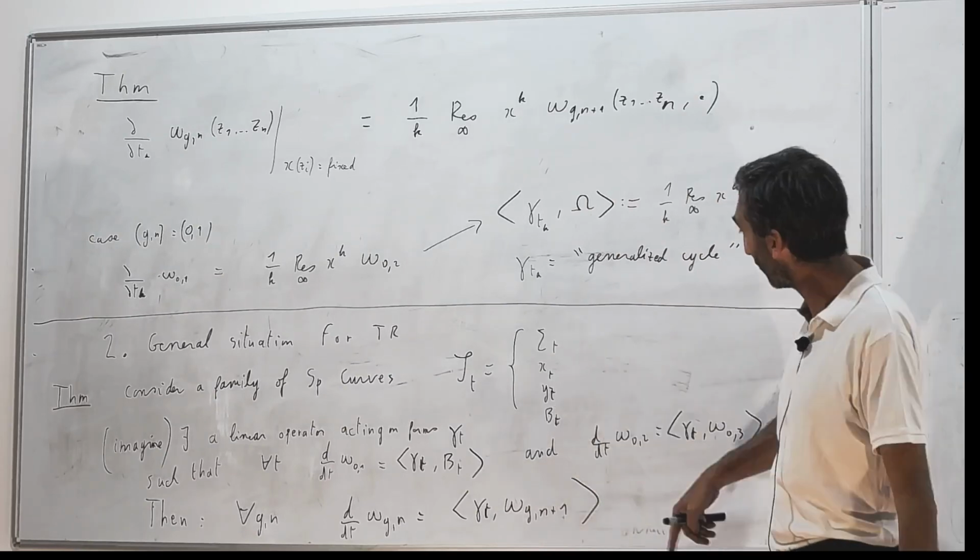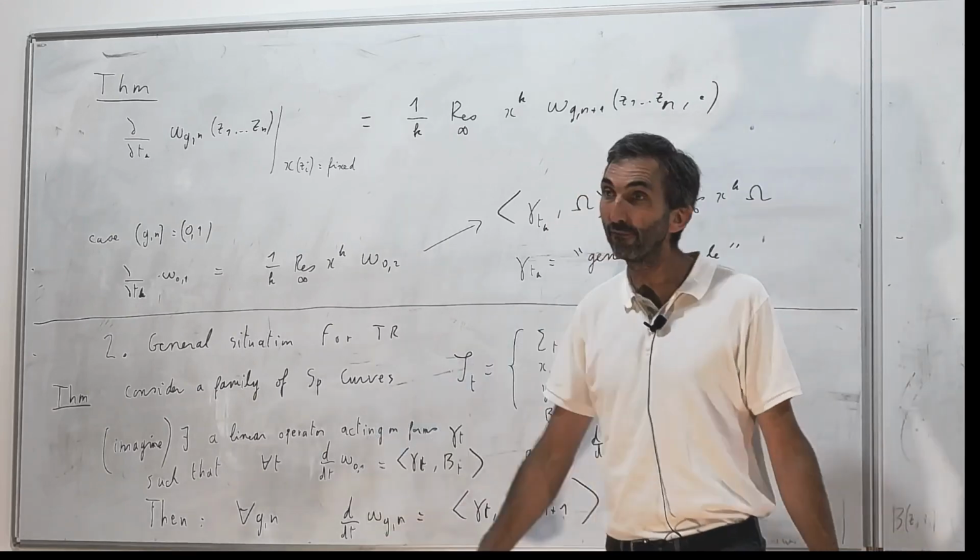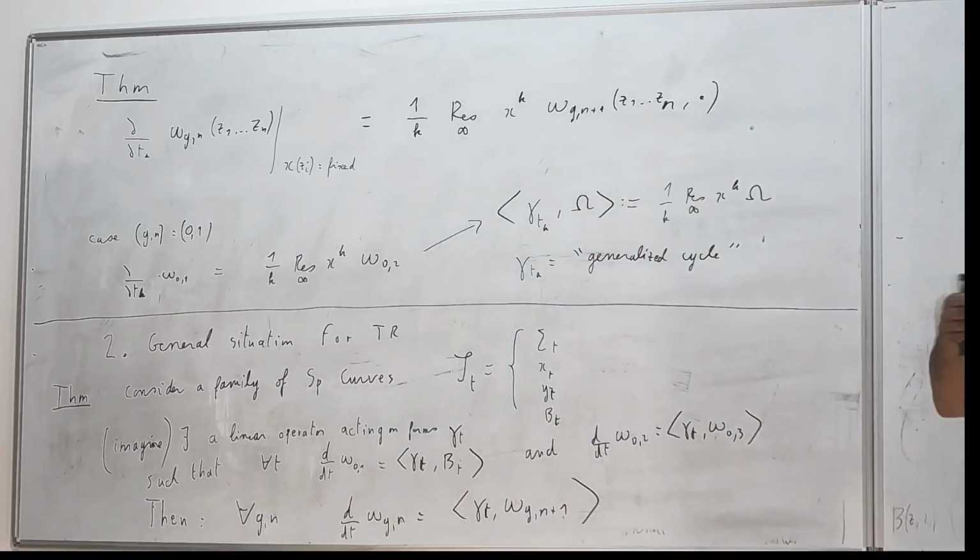Now I show you how to deform omega 01. And with these two tools, you can start from any spectral curve and deform it to another spectral curve. By combining this, you will get a lot of interesting things, and in particular, this is how you relate to cohomological field theories and things like that. I will not have time to do it now.